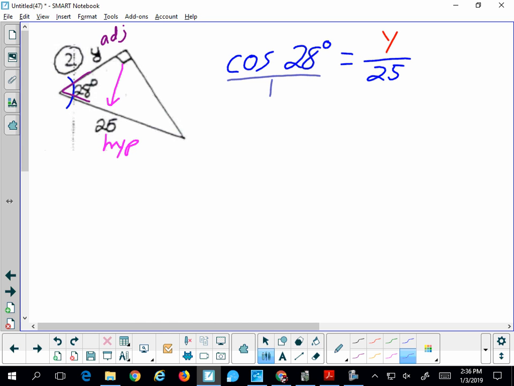So we're going to put this side, my cosine 28 degrees, over 1 to get a ratio on the left side. And then I already have a ratio on the right side. Since I have a proportion now, I can cross multiply.